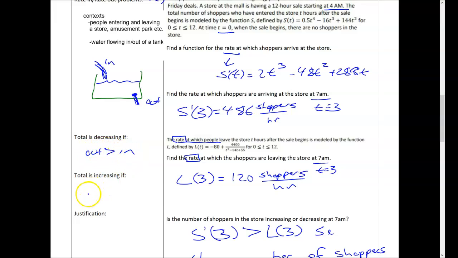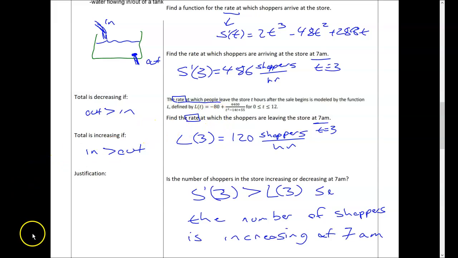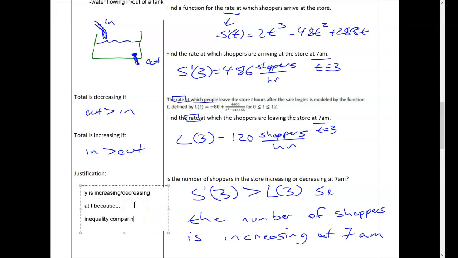My total is increasing if in is bigger than out. So this is not rocket science, but it can be hard to figure out in context. For justifying these, we want to say our y, the number of shoppers, is increasing or decreasing at our specific t, so at 7 a.m., because, and then my justification is an inequality comparing the two functions. So because out is bigger than in, or in is bigger than out.